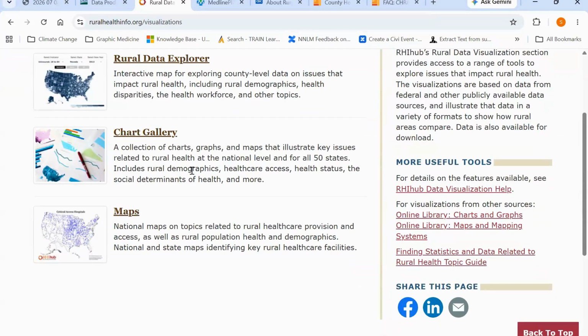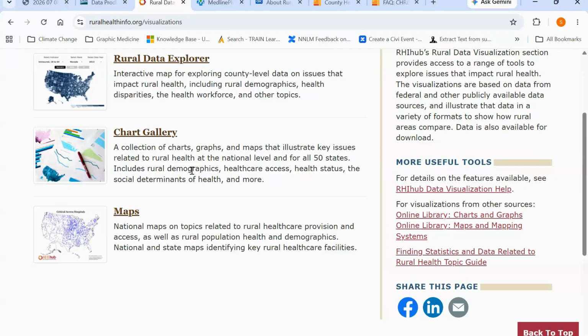Is there anything else you'd want to see? That's again a very high level overview. I would recommend taking the time to poke around RH Hub, because the charts and the Data Explorer and the maps cover a huge range of topics.